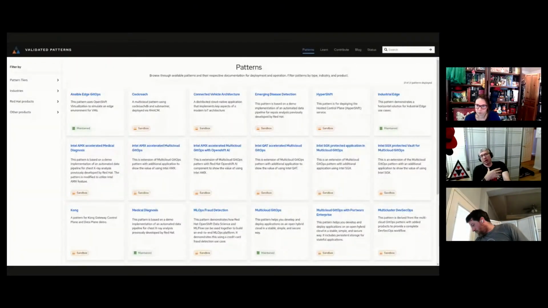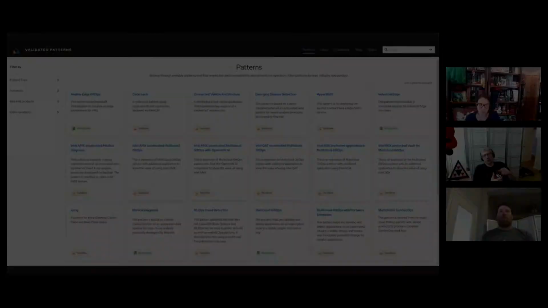We've been working very extensively with a group of developers out of Poland that work for Intel, and they have developed a number of patterns that feature the various Intel hardware acceleration features that are available in the new Xeon chips. So things like SGX, which is software guard extensions, AMX, which is, I forget what AMX is short for, and QAT, which is quick assist technology.